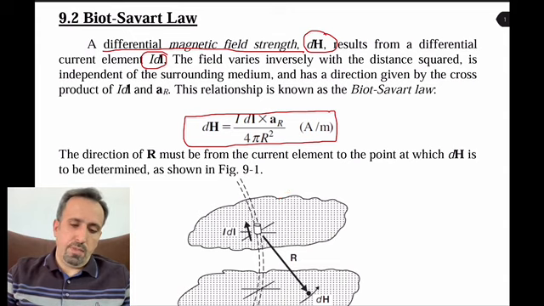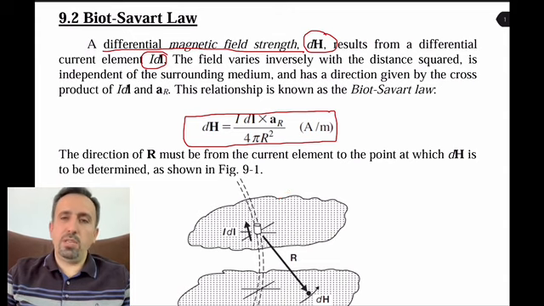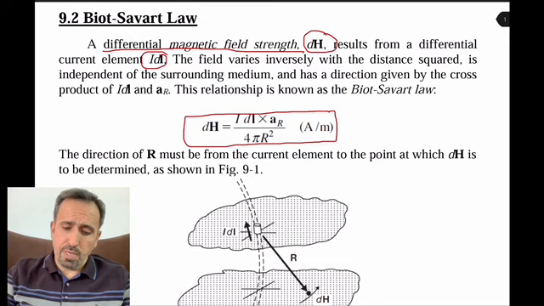So this field will be calculated by using the Biot-Savart law. It varies inversely with the distance squared. So you can see from the formula it is related like 1 over r squared.